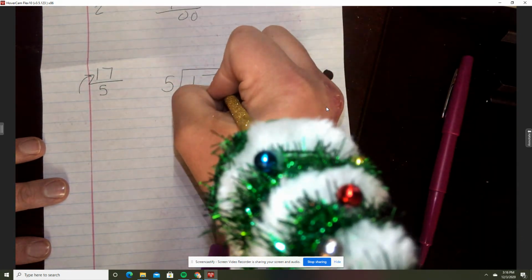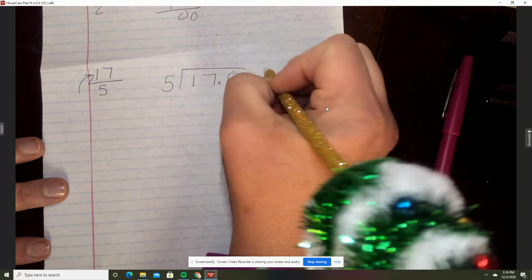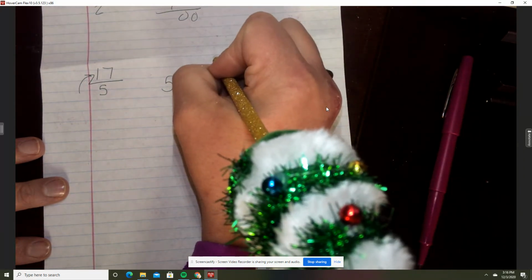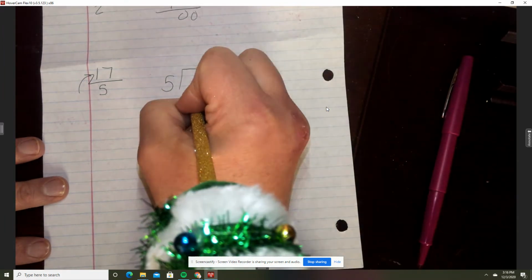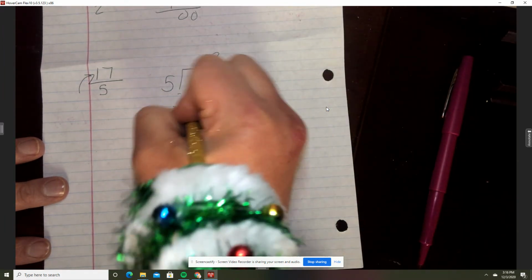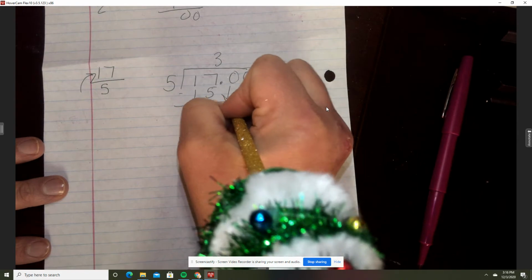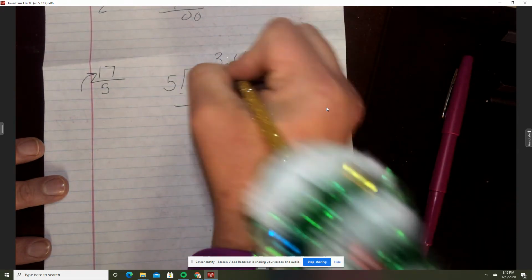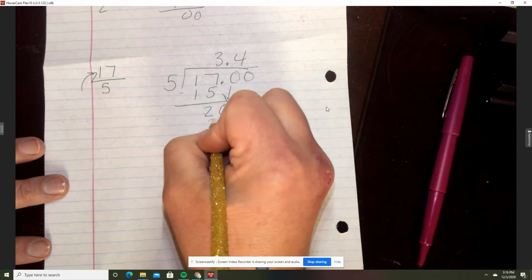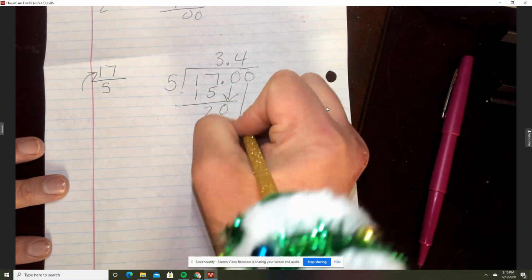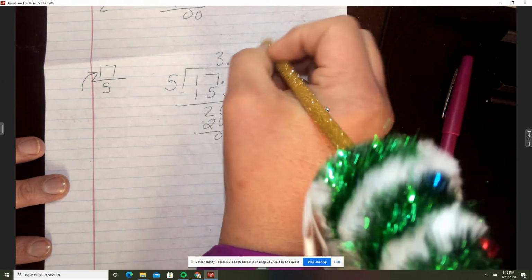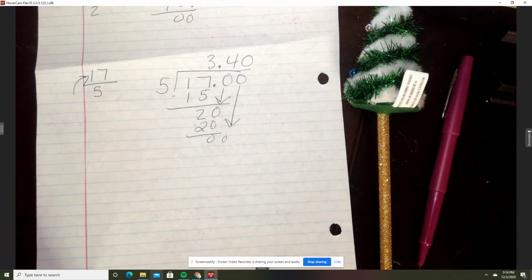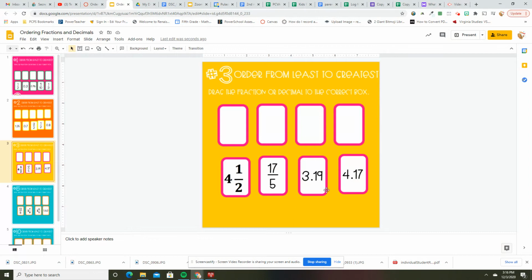Yeah, you're still going to have to add a decimal and 0. 5 will go into 17 3 times. 3 times 5 is 15, and that is 2. Carry down your 0. 5 will go into 20 4 times. 4 times 5 is 20. Carry down that other 0. 5 goes into 0. Okay, so that is 3 and 4 tenths, or 3 and 40 hundredths.